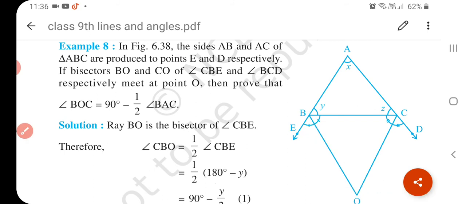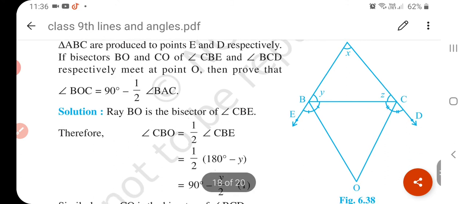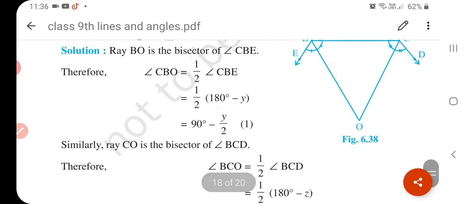So CBO means 1/2 of (180 minus y), because this is a straight line and a linear pair. So 1/2 of (180 minus y), because they are bisectors. So my angle is 90 minus y by 2.